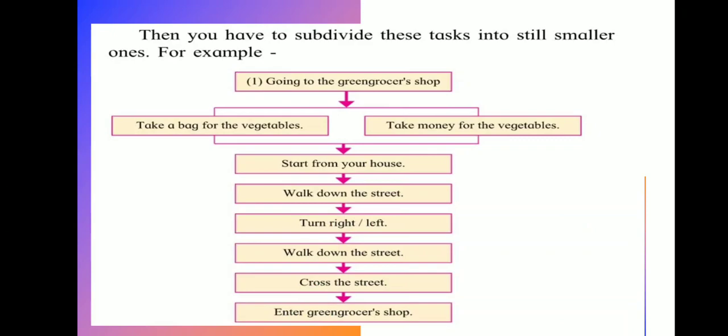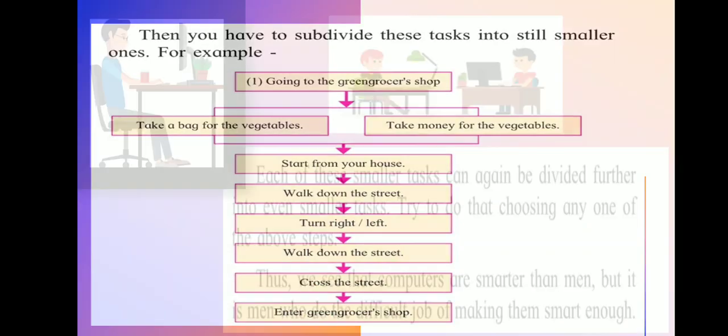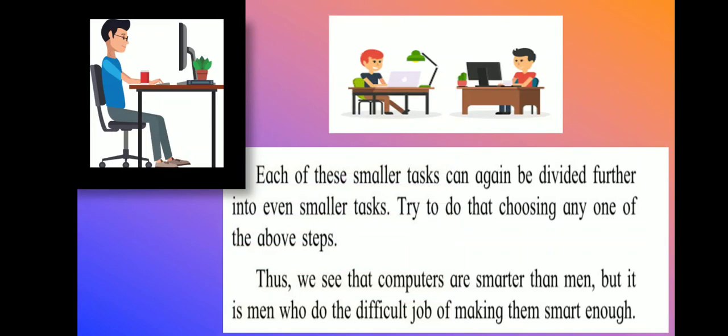Either turn left or turn right. Walk down the street. Cross the road. Enter the greengrocer shop. Each of these smaller tasks can again be divided further into even smaller tasks. Try to do that choosing any one of the above steps.